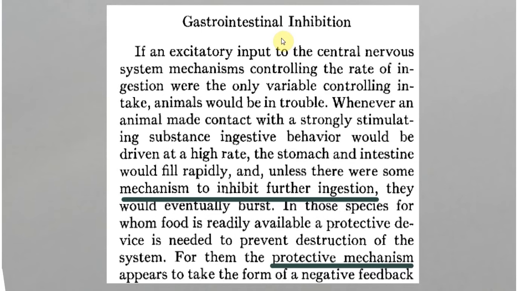And I just wanted to show you the history of what we were learning. We know today that gut hormones like CCK, which is one of your learning objectives, are the regulatory mechanisms that instigate gustatory stimulation and inhibit it as a protective mechanism, as they say here, must be the case.